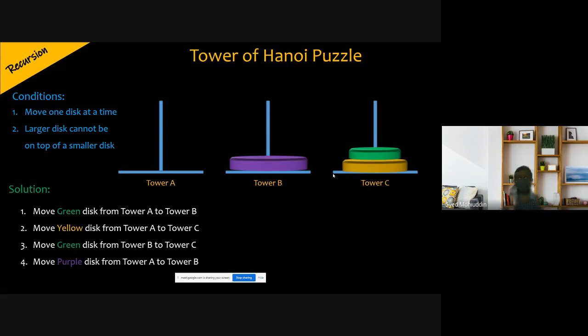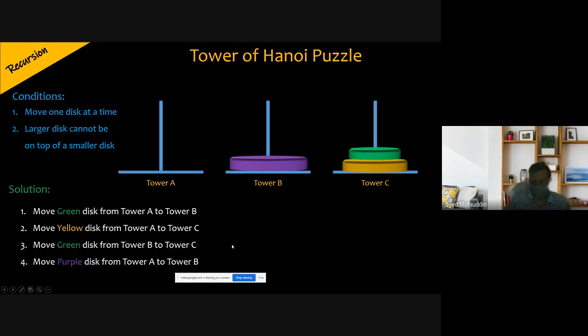So if we have n disks, then to move the nth disk, the last disk, we will be moving n minus 1 disks to Tower C, and then move the nth disk to Tower B.